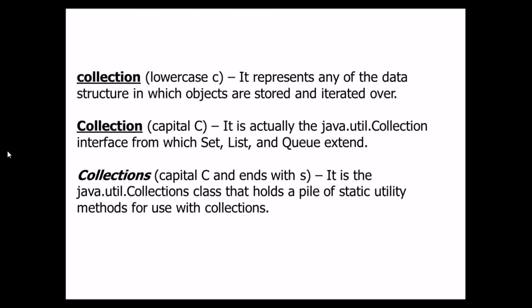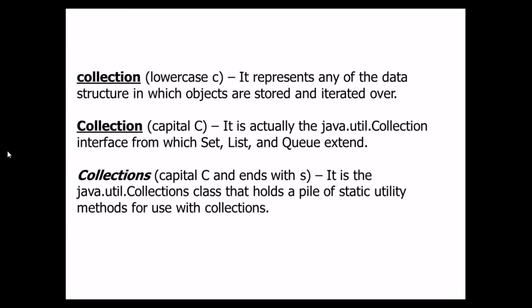Next we'll look into some terminology that is generally associated with collections. This can sometimes be confusing as to what is what. The first one is collection with a lowercase c. This represents any data structure in which objects are stored and iterated over. Collection with a capital C is the java.util.Collection interface from which set, list and queues extend.